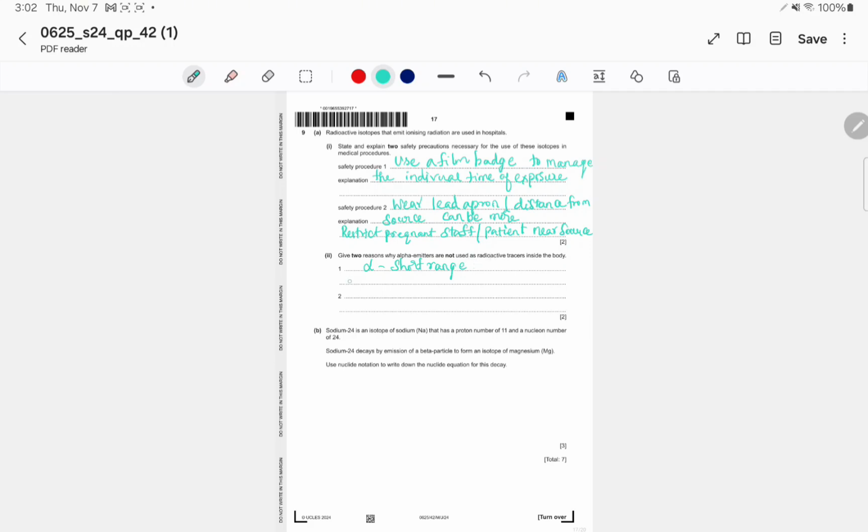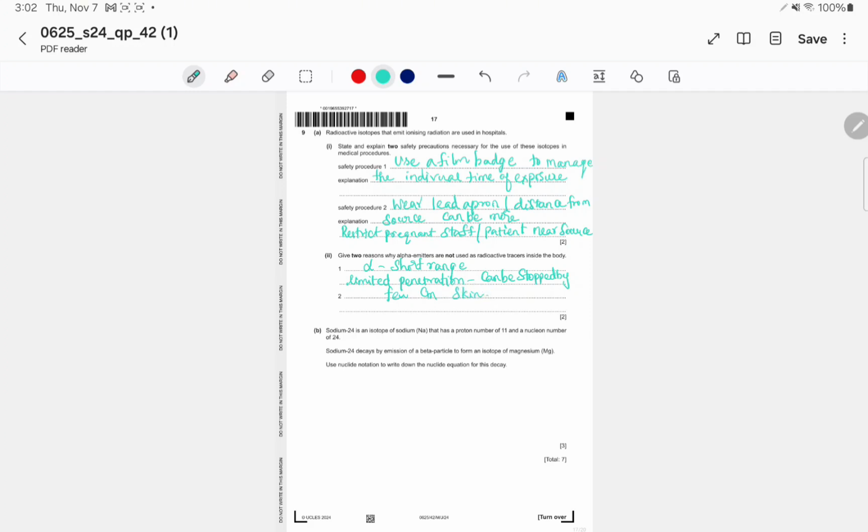So limited penetration power, can be stopped by a few centimeter skin thickness. This is one reason.